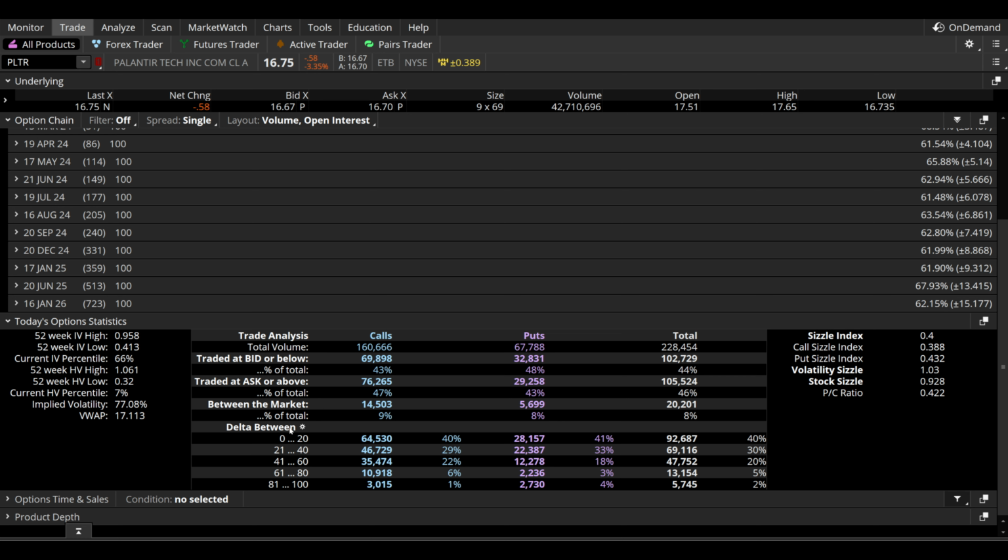The delta of 0 to 20 tells us those are the cheapy, gambly style calls and puts, typically very short dated, really far out of the money. And we have actual volumes here. 64,500 calls in that delta range, only 28,150 puts.